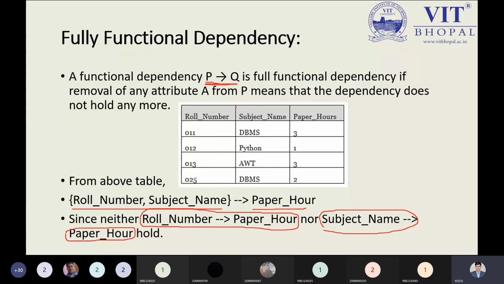At a time we have only the simple relationship. That does not mean, just like the example, roll number and student name I'm taking. This is the P side. If I'm using only the name over here, and if I'm removing the name over here, then you have to keep in mind the name will also be removed here. So this functional dependency doesn't hold. It means the relationship between these two things cannot be had.